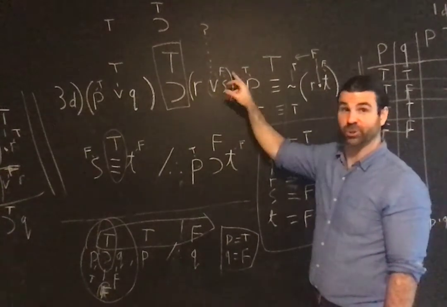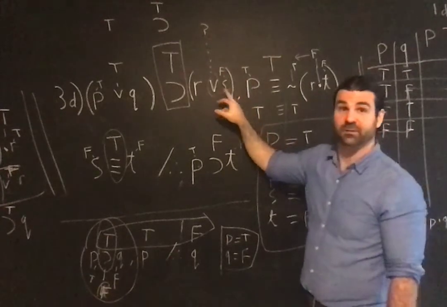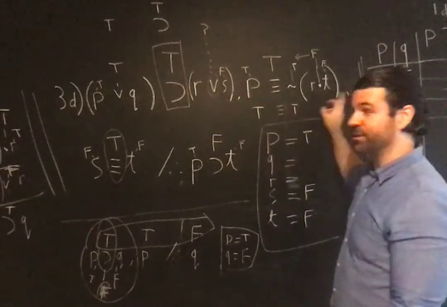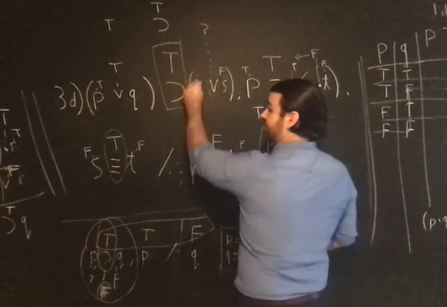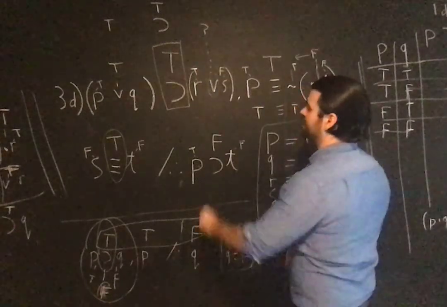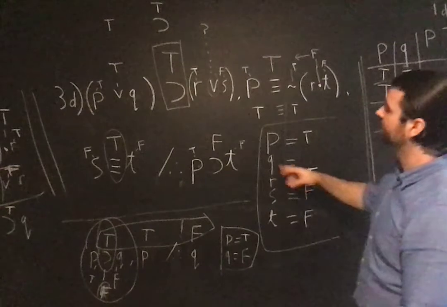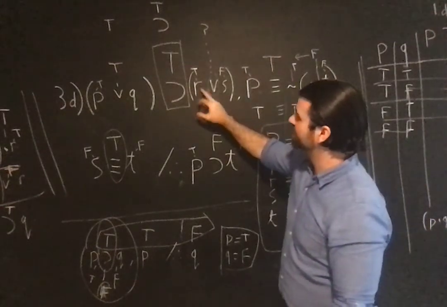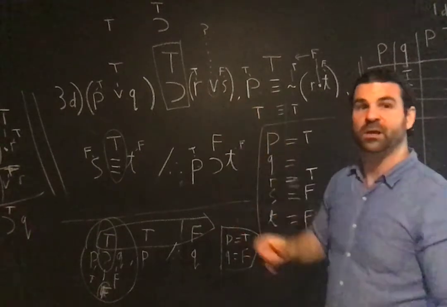Can I still do it? Can I satisfy this third condition, having S be false? Yes, I can, because I'm free, as we saw looking at this, to make R whatever I need it to be. And making R true is sufficient for making this true. So if I make R true, boom, that gives me that premise as T hook T, so it does come out true.